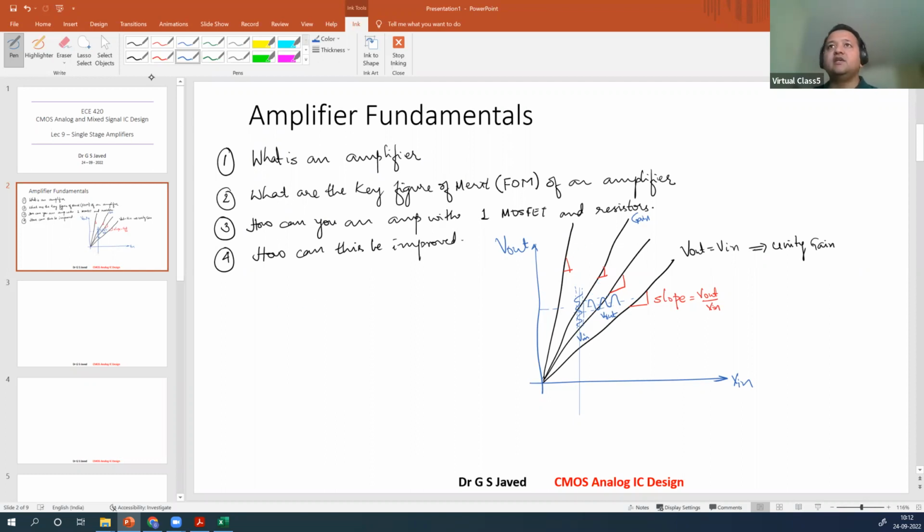So what is the known way of designing this information? We will denote amplifier with a triangle typically. You have the input V in.